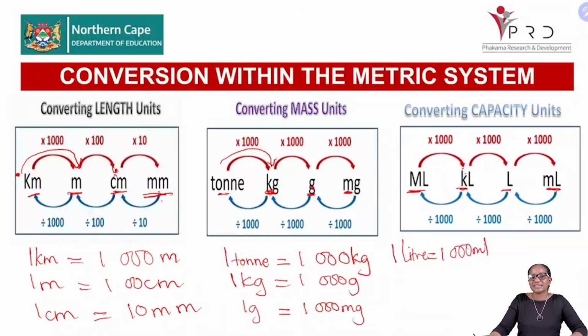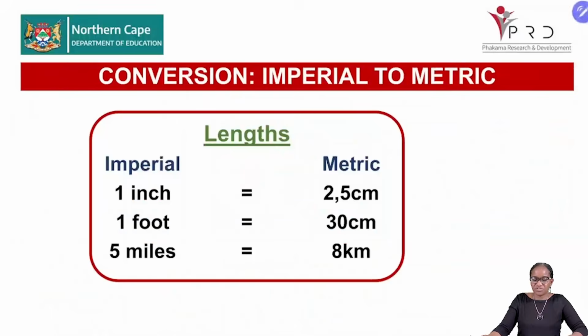Let's look at what is new to you. Now we are converting from imperial to metric. So as you can see, this is imperial. It's measured in inches, feet, and miles. Especially your phone screen sizes, you always find them written in inches.